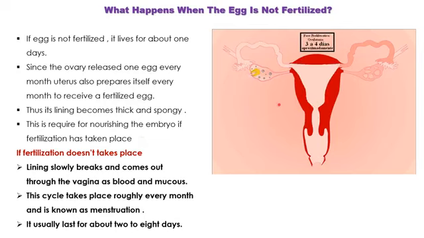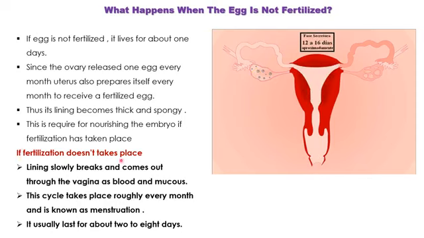Okay, so once the embryo is embedded in the wall of the uterus, that means the lady is pregnant, and you won't see this procedure. Okay, there won't be any menstruation. But in case the egg is not fertilized, definitely the egg with the uterus lining will come down in the form of bleeding, right?